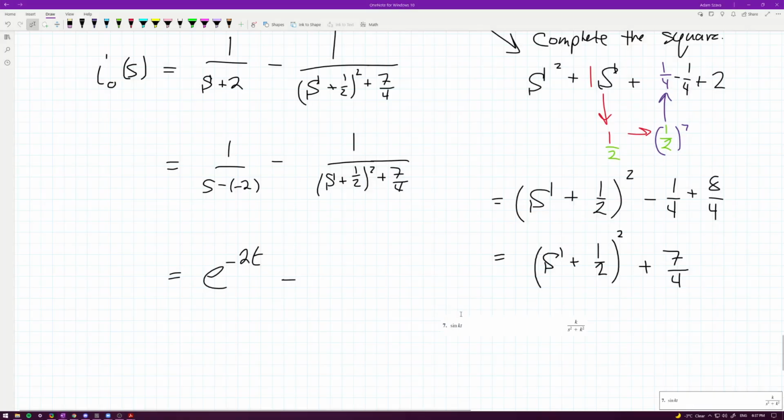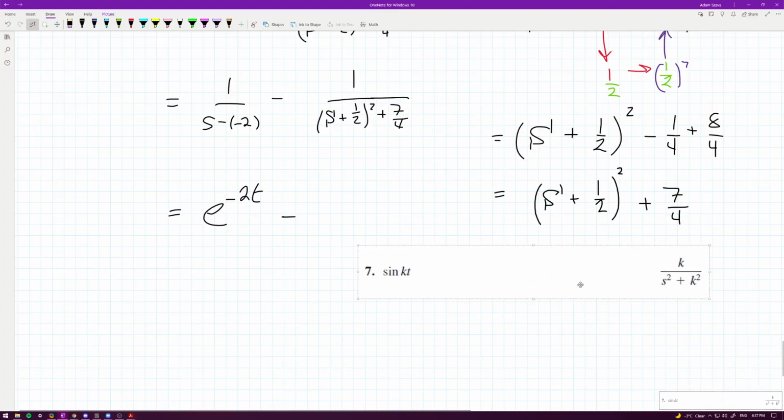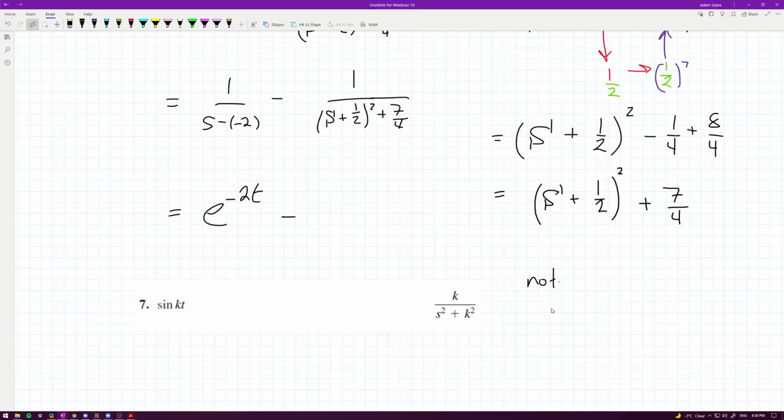So let me just do that quickly here, right? So that is a formula that we have, 1 over s squared plus k squared. So that's essentially what we have. So I can just rewrite that term right there. So note that 1 over s plus a half squared plus 7 over 4 is equal to, and so if you look at this formula, you have a k on the top and a k on the bottom. So this is something squared.